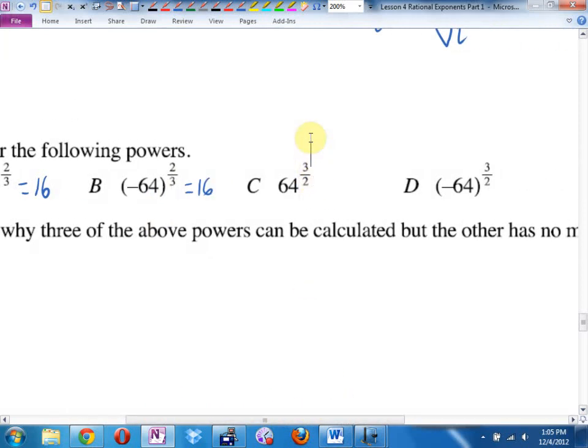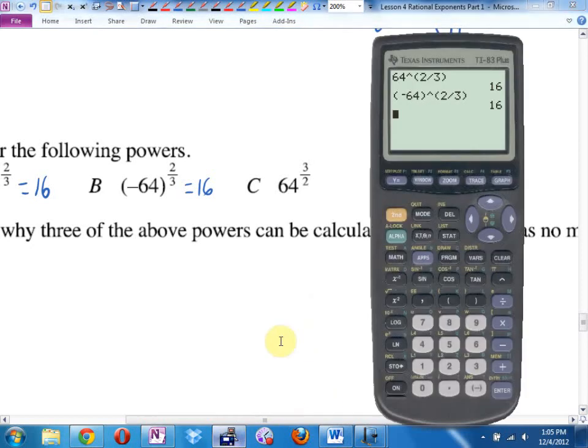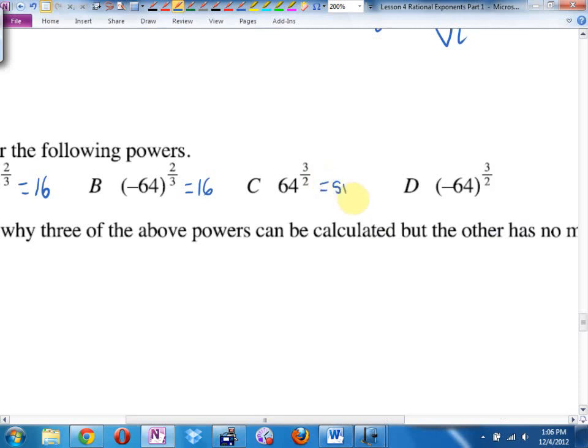For C, I would go 64 to the power of bracket 3 over 2. And I get 512. Try D. You should get a math error or a syntax error. Your calculator should barf at you.